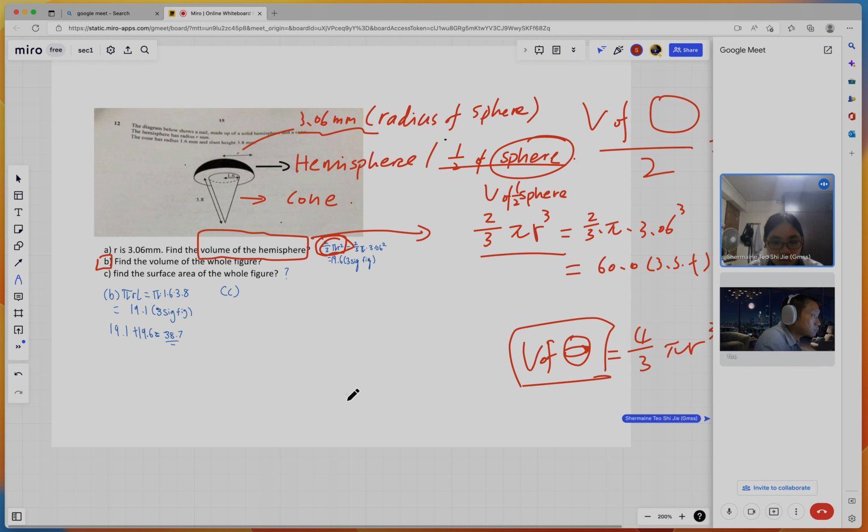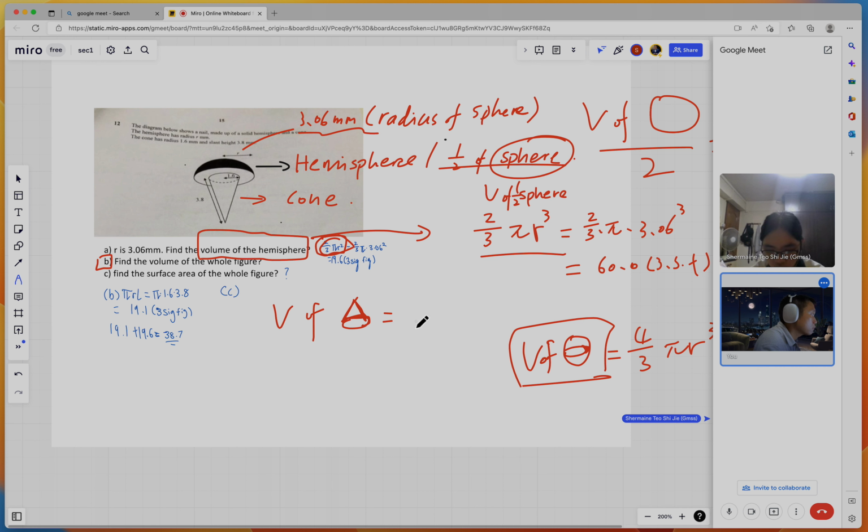Part B. You use the cone. You need to find the cone first. The cone volume. So what is the formula for volume of cone? I can draw it this way, doesn't mean you can do it this way, because I understand my own drawing. So volume of cone, what's the formula?